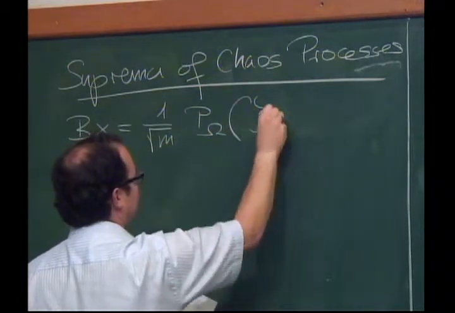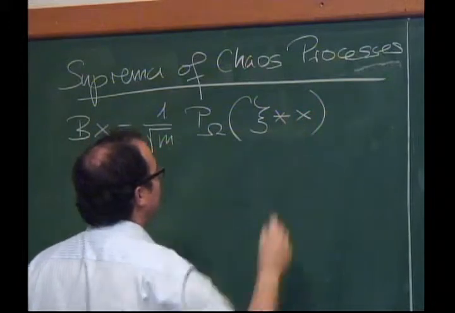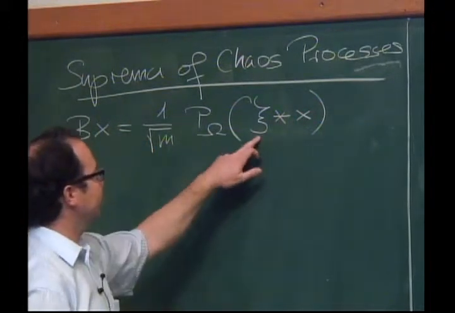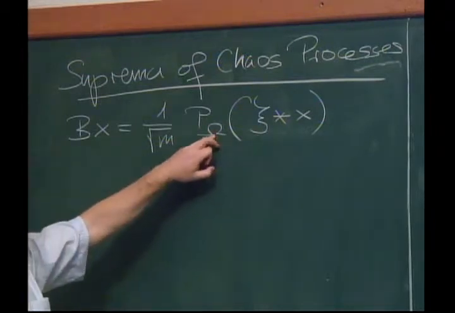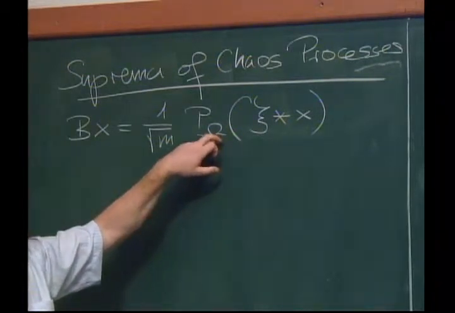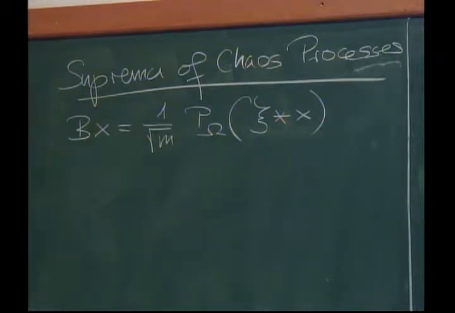So we convolve x with a random vector and then do a projection onto coordinates in omega. And this is just for normalization.